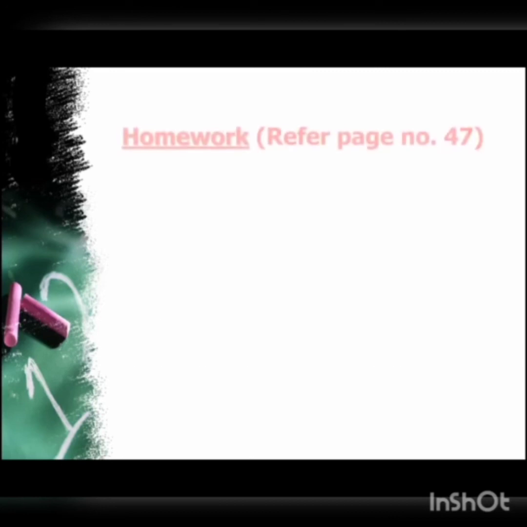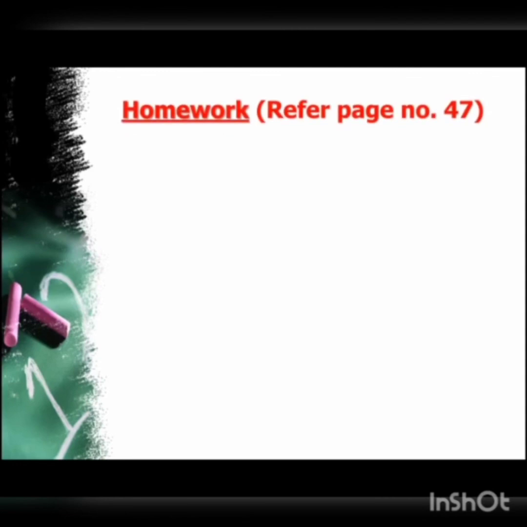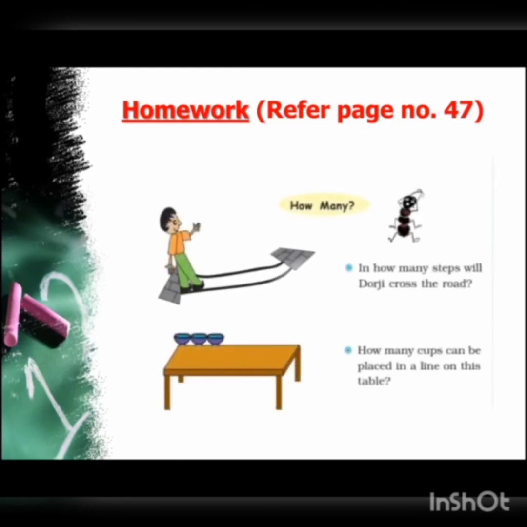Now, homework of session 1. Kindly refer to page number 47 of your textbook. Here, in each question, you have to guess the correct answer. First one, in how many steps will Dorji cross the road?